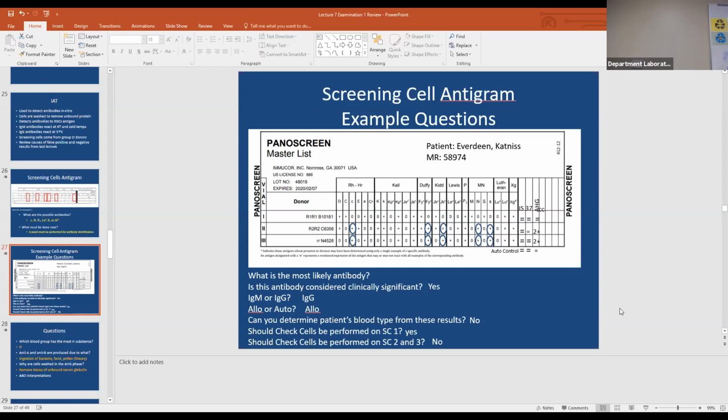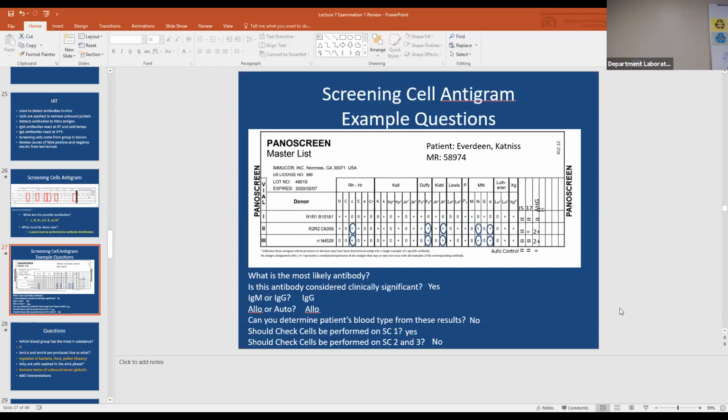It's also possible to only have warm autoantibodies, where you'll be negative at initial spin, negative at 37, and then positive at AHG only. So those autoantibodies are tricky. But you always have to look at your auto control and what temperature it is reacting at. So if it's only reacting at initial spin and your auto control is positive, it's a cold reacting IgM autoantibody. If it's reacting at AHG, then it's a warm reacting autoantibody.